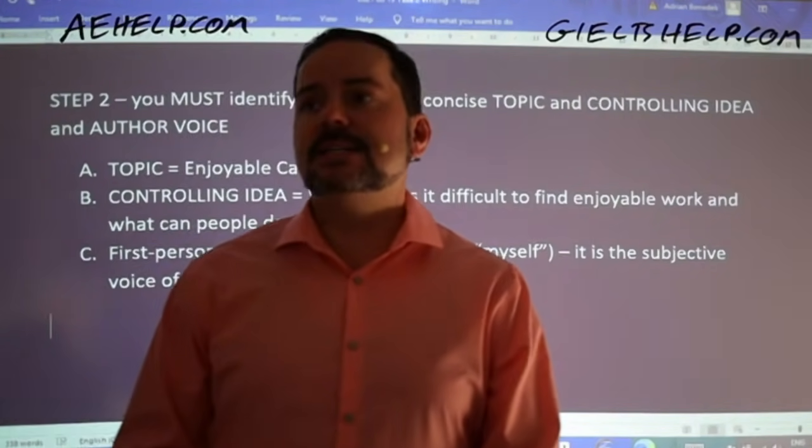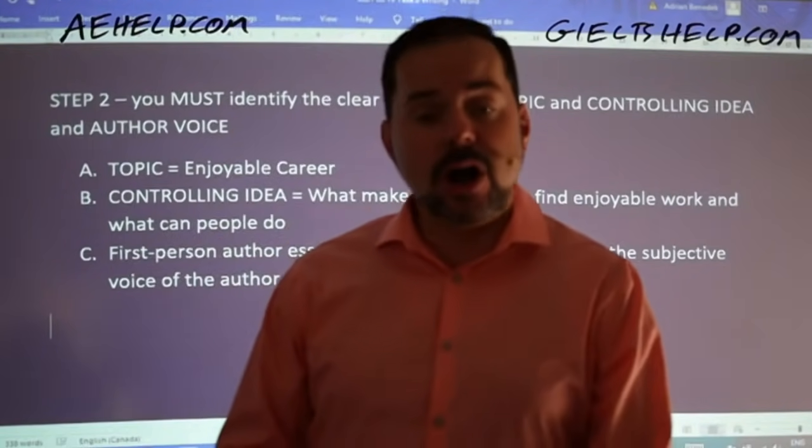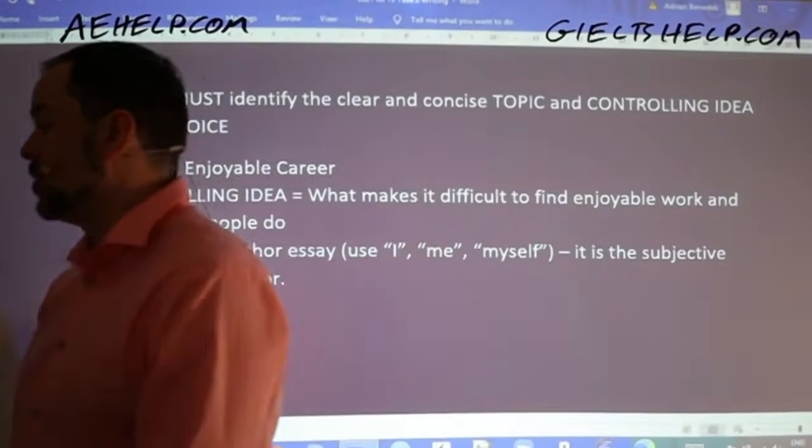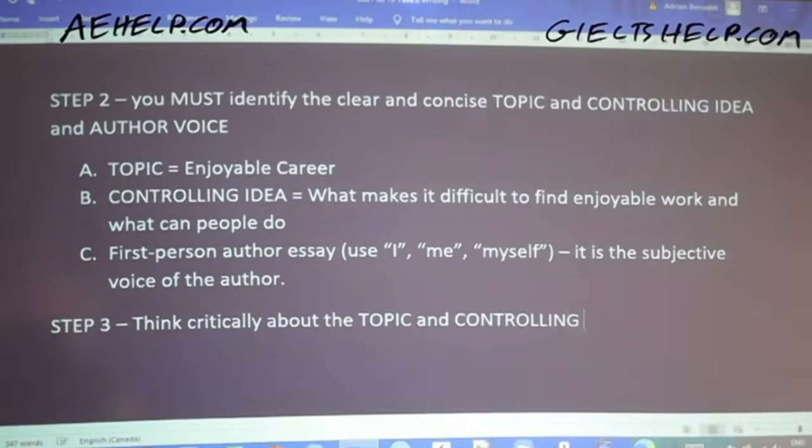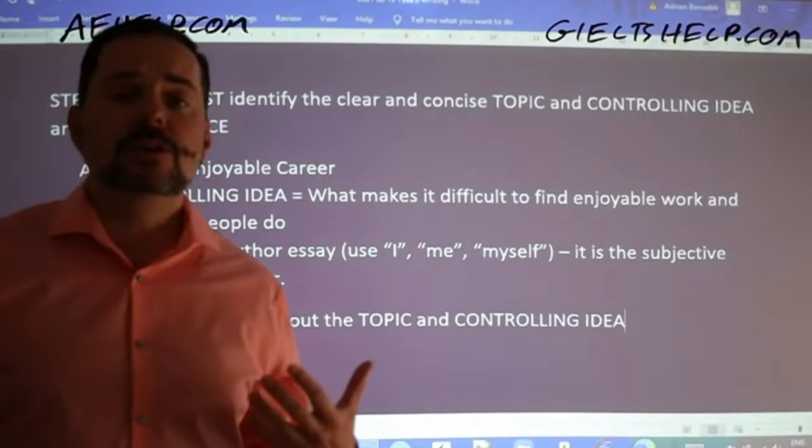So Arda says, ask what, why, how about the topic and the controlling idea, right? So think critically. Step 3: ask about the topic and controlling idea. Absolutely. So we're going to do that now because this is the way that you develop your thinking.